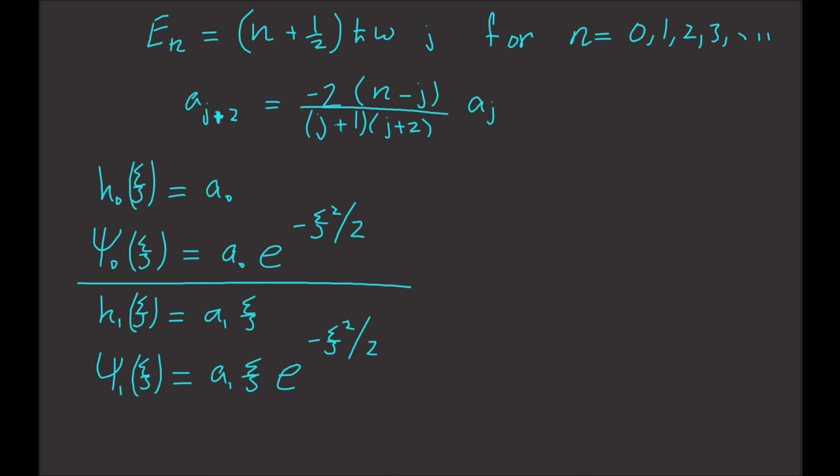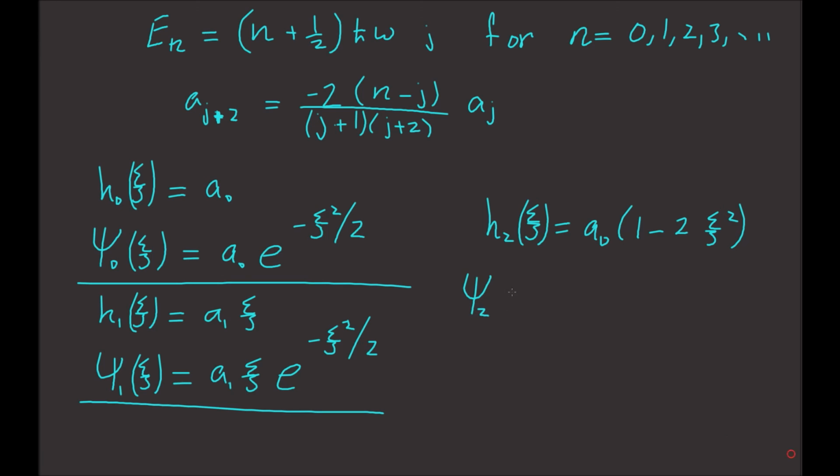And let's take another one. Let's take a look at h2 of ξ, which, remember, is going to be in terms of a naught times 1 minus 2 times ξ squared, which gives us psi 2, the second quantum state.